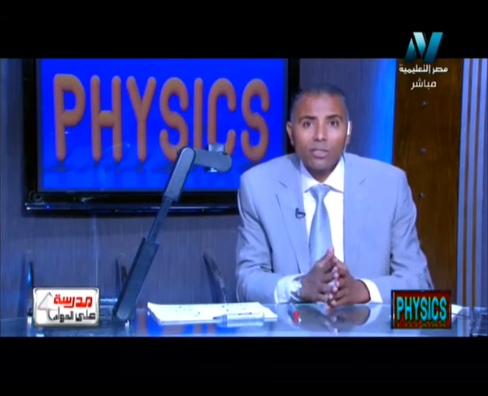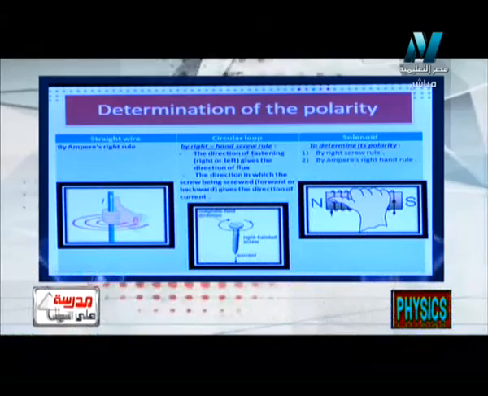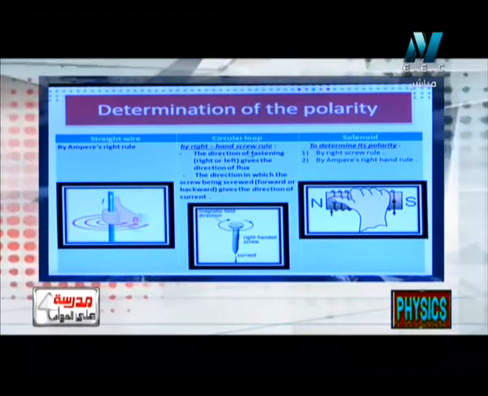When we fasten the screw like this, the direction of motion, whether forward or backward, اتجاه الاندفاع, represents the current. Of course, for physicists, Ampere's right hand rule and the right hand screw rule are the same.